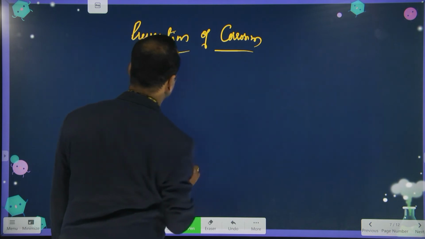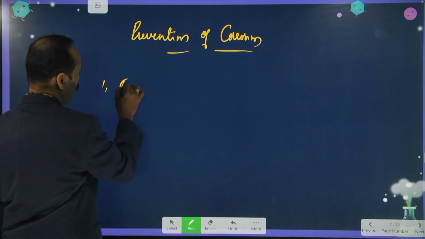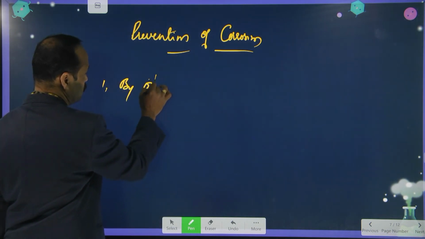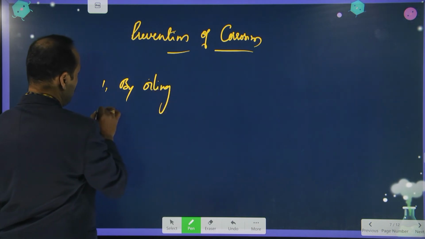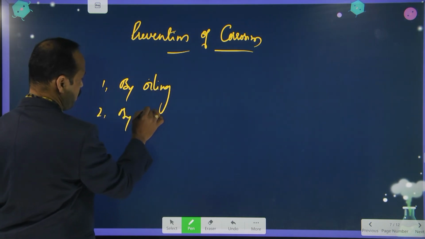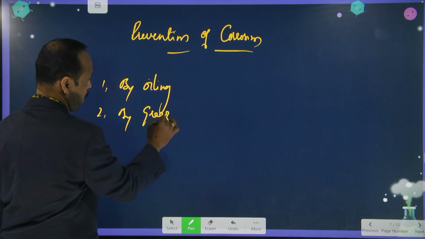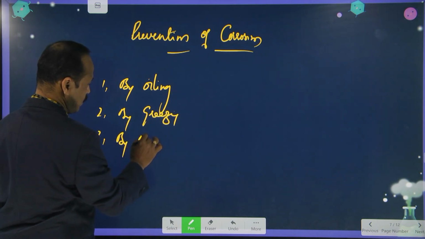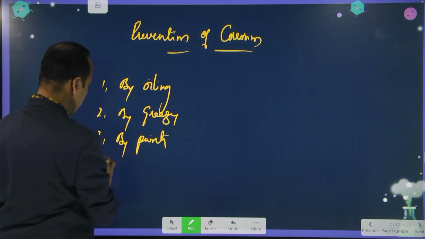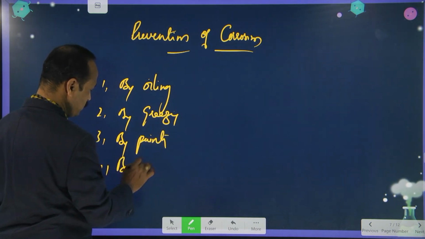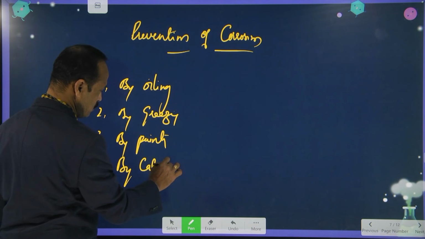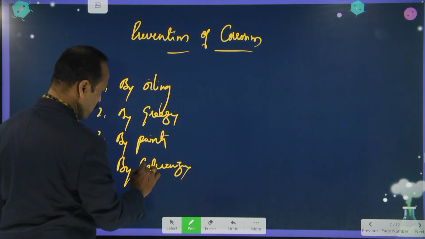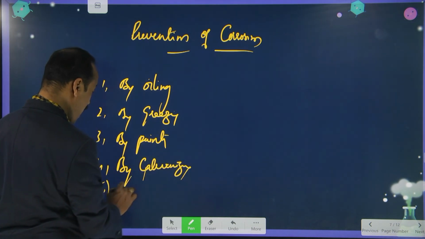There are many methods: by oiling, by greasing, by painting, by galvanizing, by alloying.